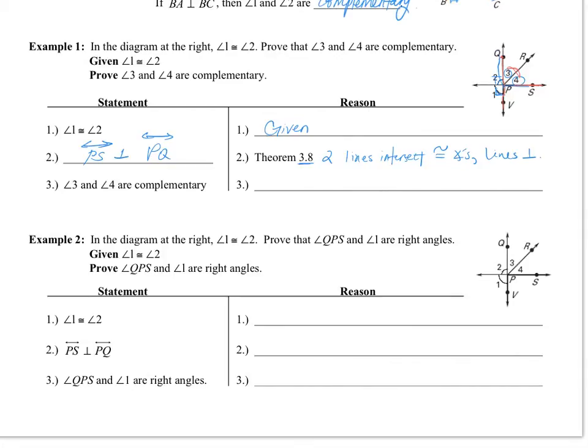So since PS is perpendicular to PQ, we can state that angle 3 and angle 4 are complementary by theorem 3.10, which states that if two sides of two adjacent angles are perpendicular, then the angles are complementary.